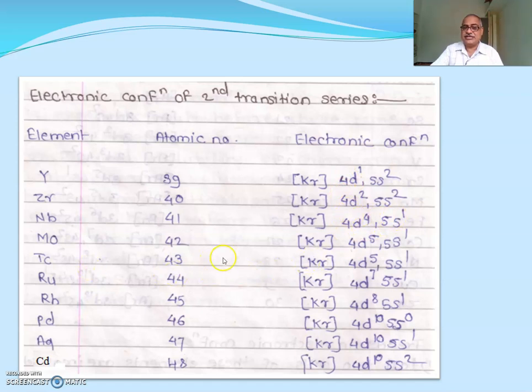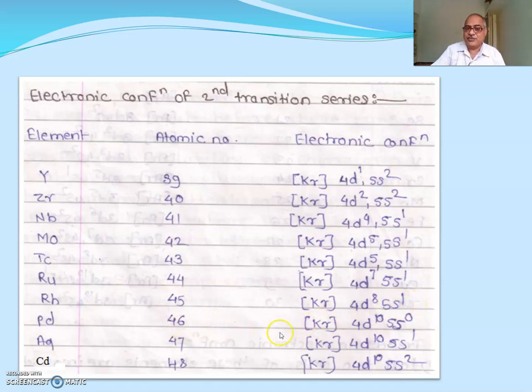Similarly technetium, 43, is 4d5 5s2. Here one mistake: it is 5s2. And then ruthenium is krypton 4d7 5s1. Rhodium is krypton 4d8 5s1.